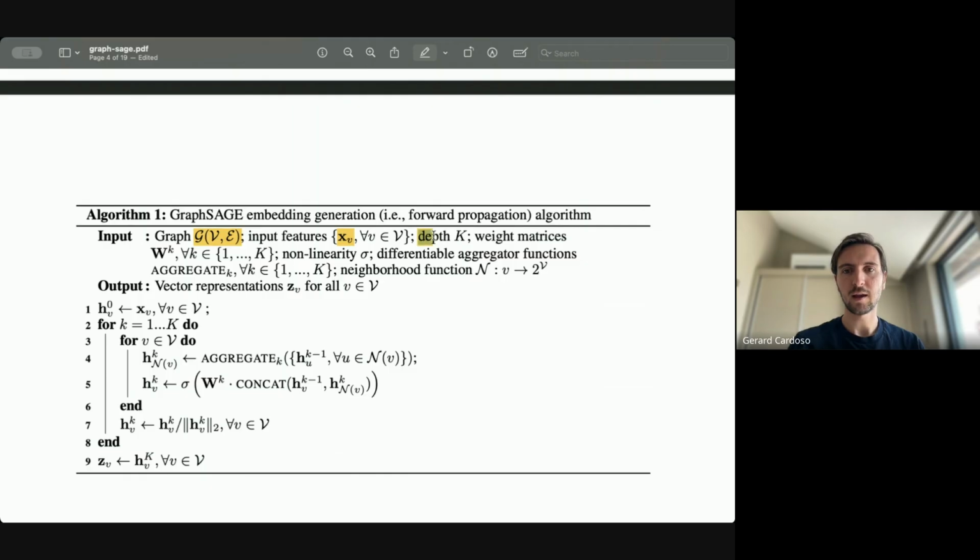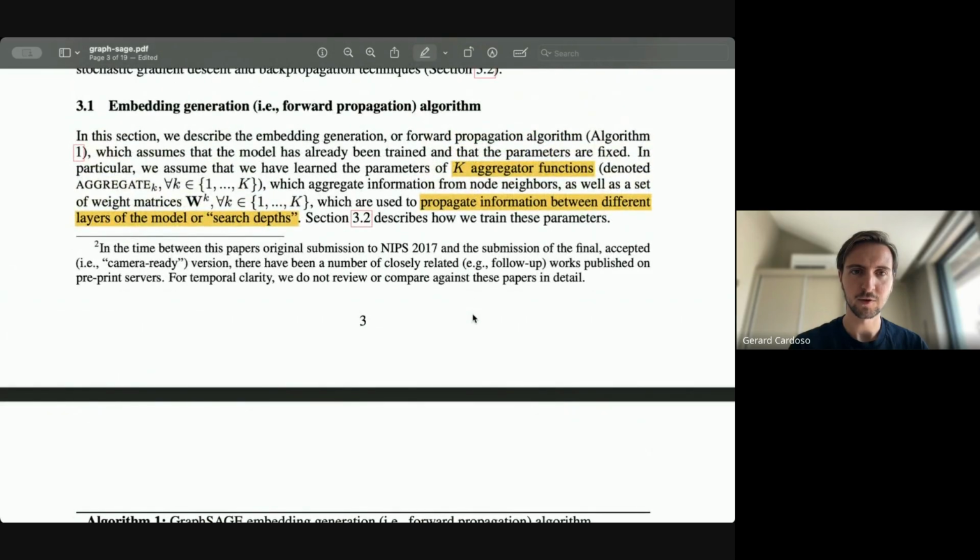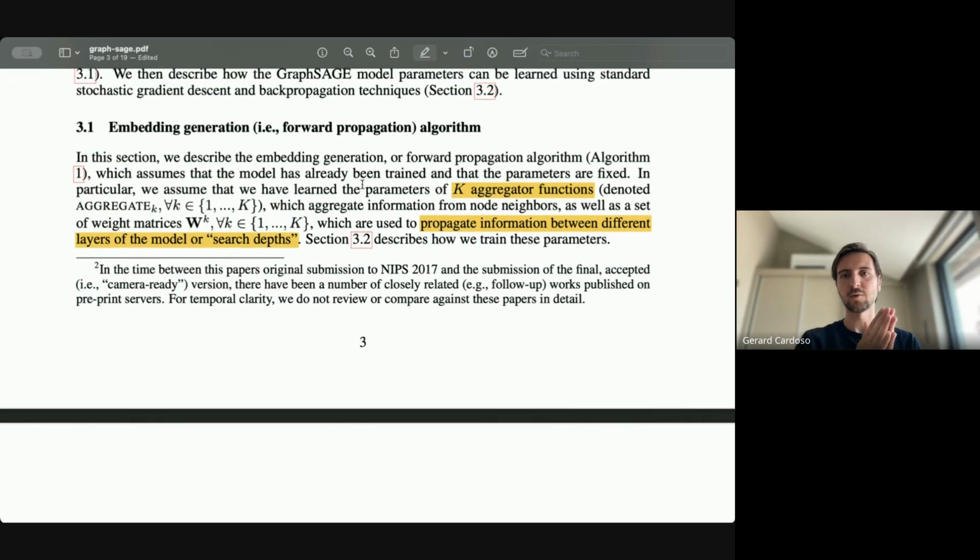You have a hyperparameter K, which I believe is your search depth, although I think confusingly they use K for something else too. Sorry, you have a different aggregator function for each level of the search depth. So this is a hyperparameter, right?